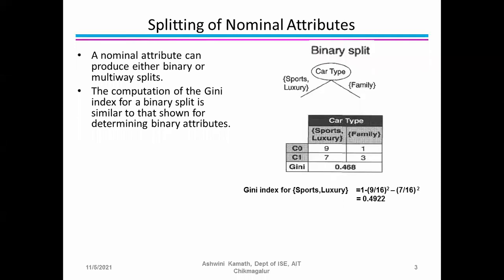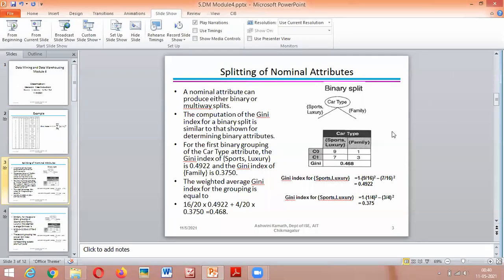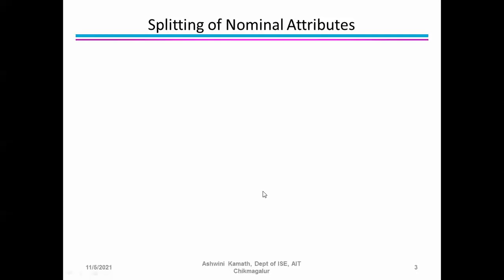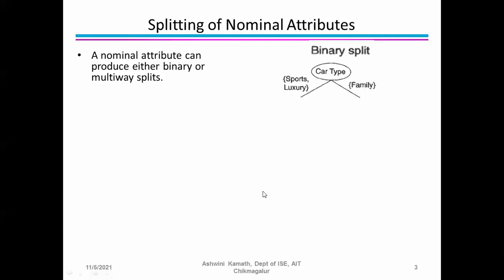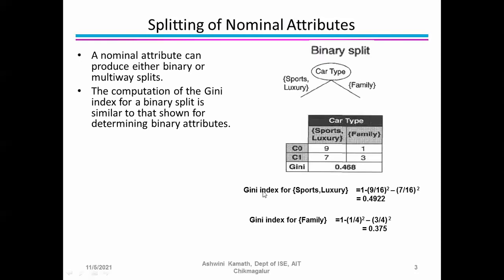Similarly, you do the same thing for family also. So Gini index for family is equal to 1 minus 1 divided by 4 whole square minus 3 divided by 4 whole square.